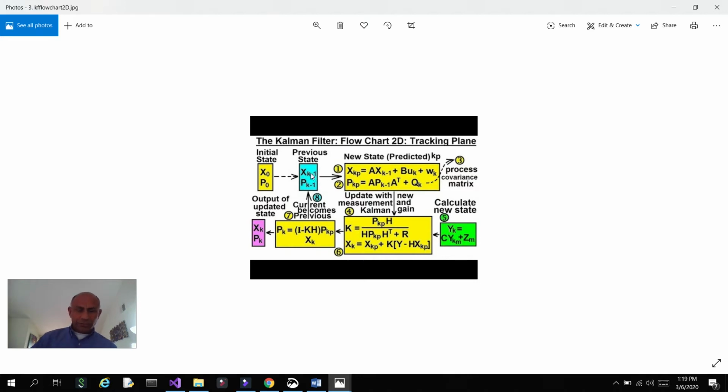It's the first time, so that becomes the previous state. Then we predict using this function here, so we predict our new state, our new error, and then we pass it to calculate Kalman gain. Our new measurement comes in here, and then we calculate the new error, we pass it back.